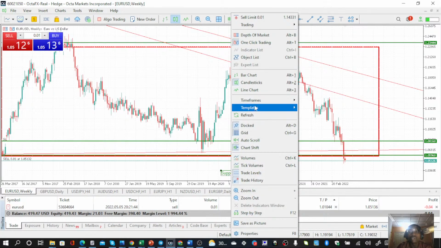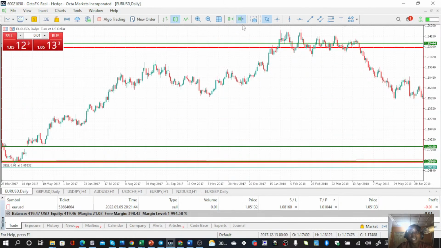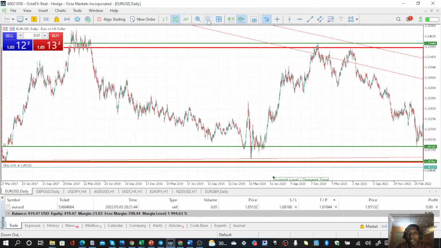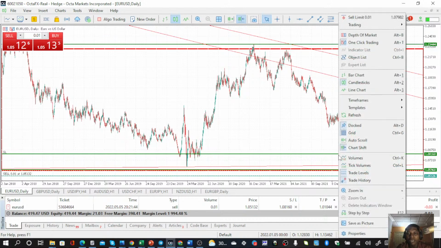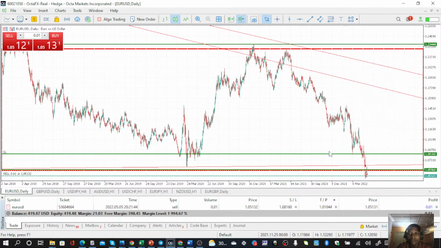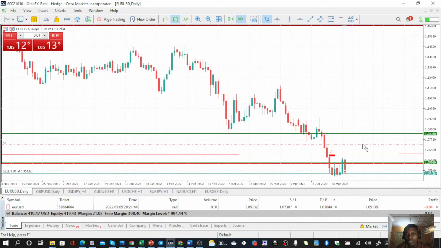Then let's go to the daily time frame to be able to map a resistance level closer to the entry point. Okay, good. It's a good one. So this is closer.